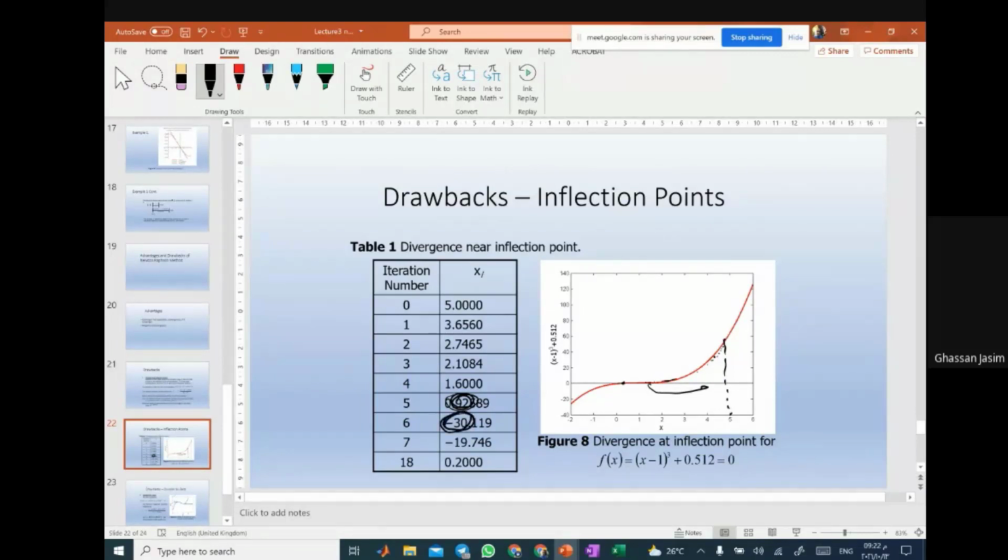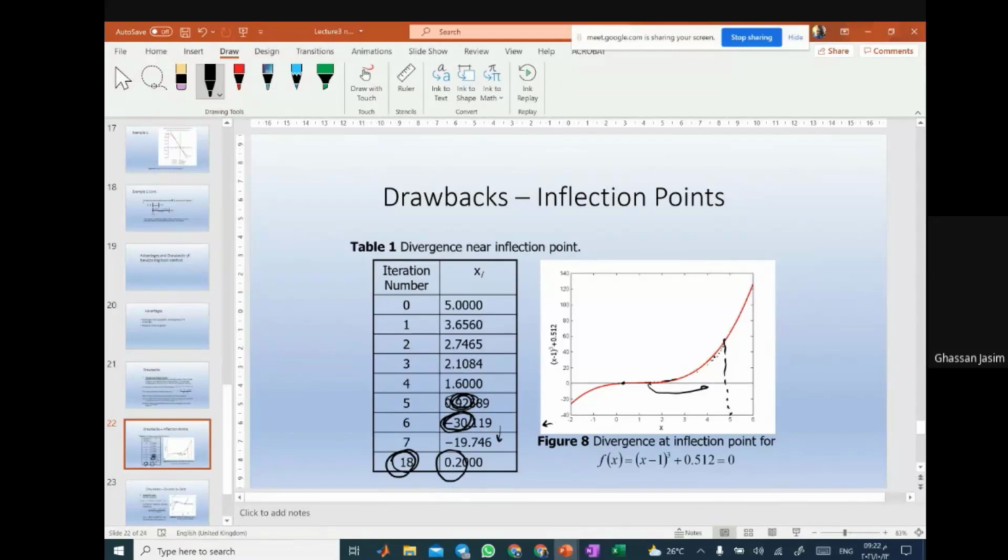We get minus 30. Then it will converge again, and we need 18 iterations to find the intersection point.